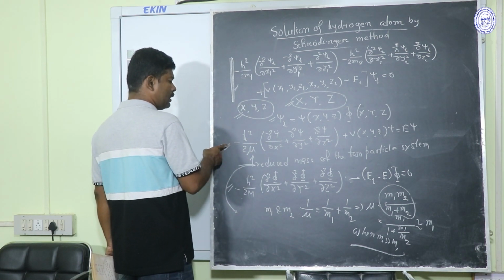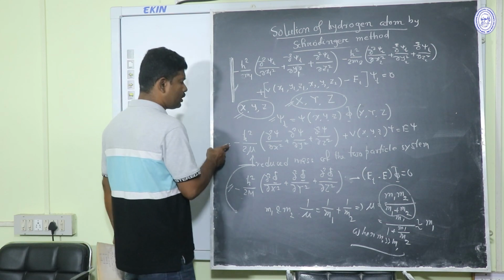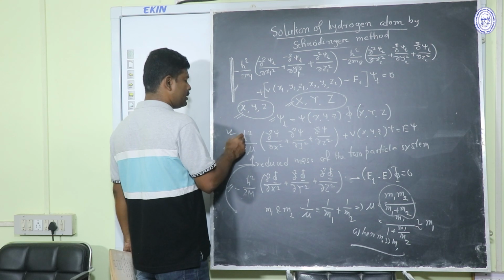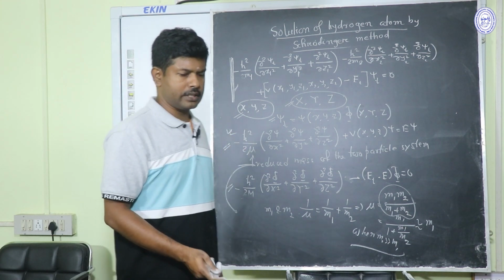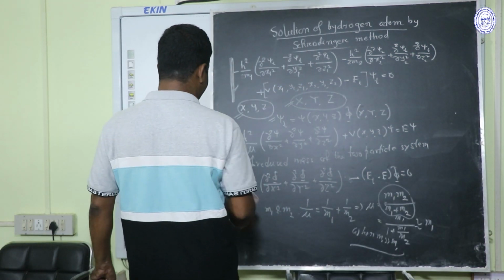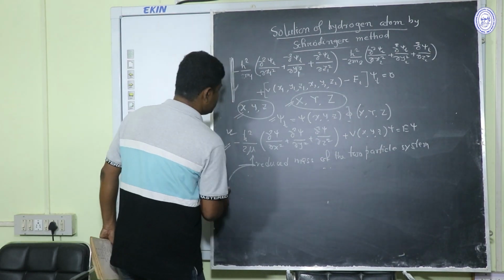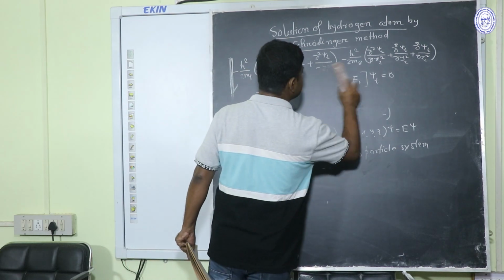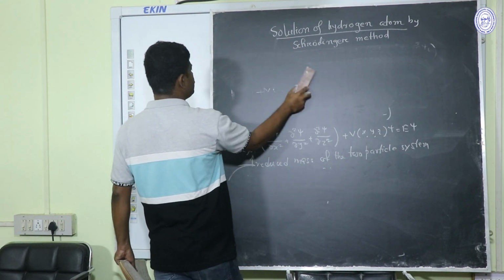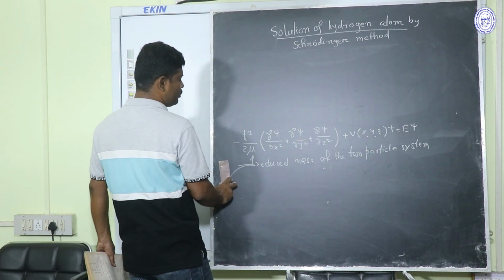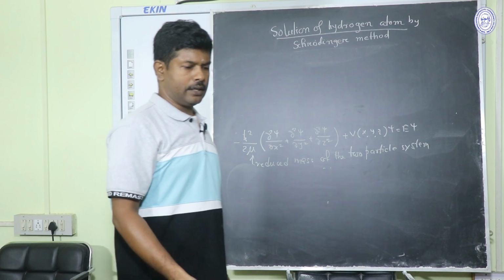One equation is for the electron and the other equation is for the nucleus, and as the electron is lighter than the nucleus, we will concentrate on the equation which describes the motion of the electron. Now, this is the equation for the electron in the Cartesian coordinate system, to describe the motion of the electron.